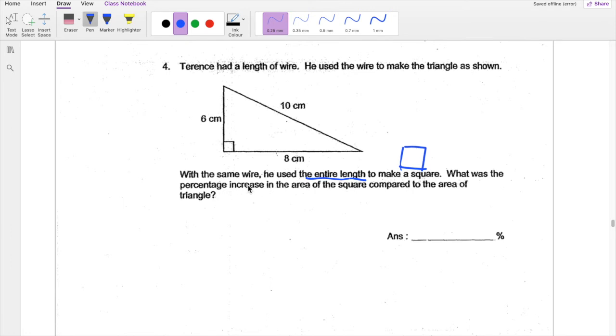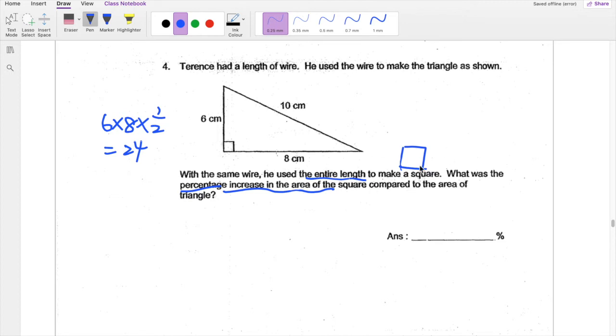If we want to find the percentage increase in area, we want to find the areas of the two shapes. The triangle area is 6 times 8 times half, which is 24. How about the square?